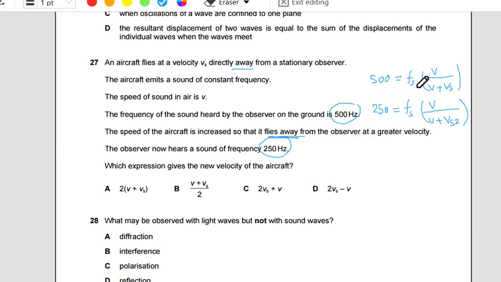We can simply divide this equation. We'll find the left-hand side gives 2, and on the right-hand side Fs is eliminated with Fs and V with V, and it is 1 over V plus Vs over 1 over V plus Vs2.